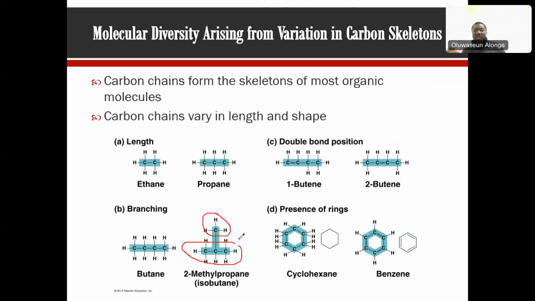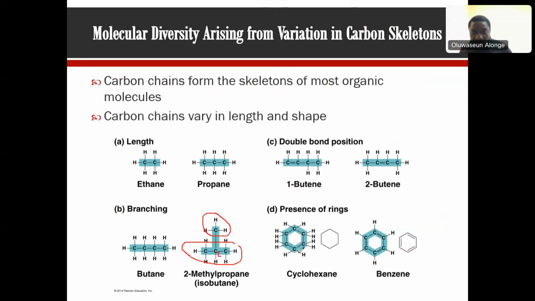And the rule is CnH2n plus 1. So the methyl gives you CH3. Now the CH3 is attaching to this carbon on the second position. So that's why it's called 2-methyl propane.